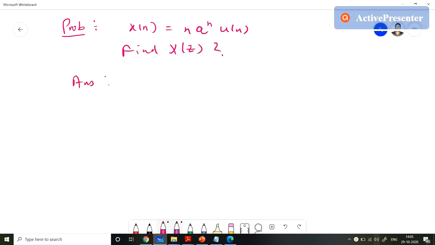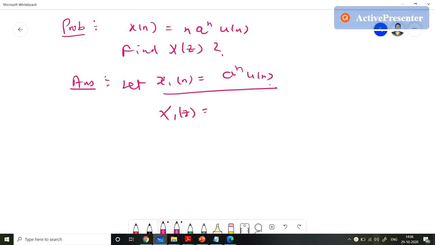The solution is: let x1[n] be a raised to the power n u[n]. Then X1(z) is 1 divided by 1 minus a z inverse, and the ROC is modulus of z greater than modulus of a.